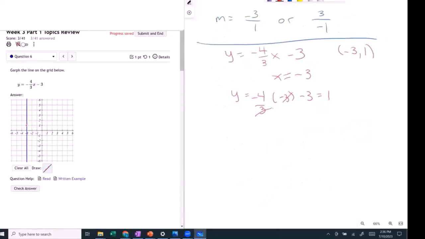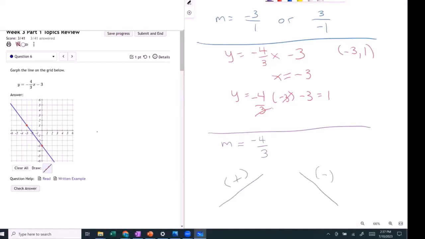We could put another point, but then we have to solve another equation. Whereas if I just say my slope is equal to -4/3, then I'm going down 4 and to the right 3. Remember I said when you go up, it's positive, and when you go down, it's negative? Well, it's going down.